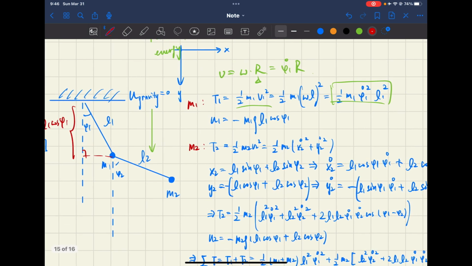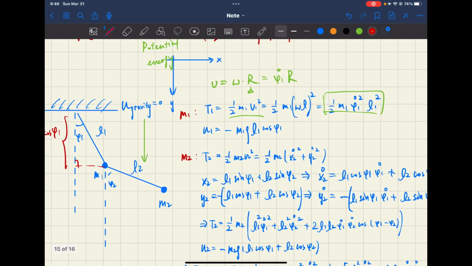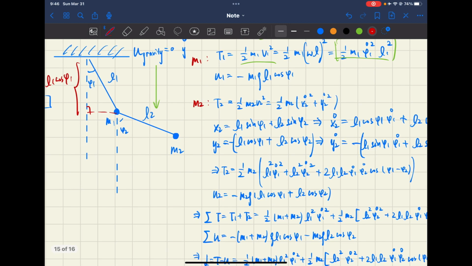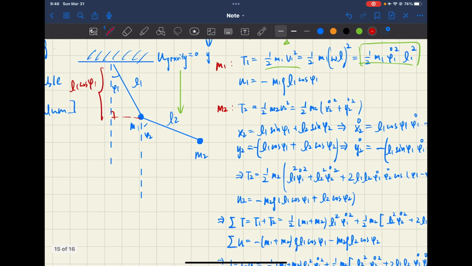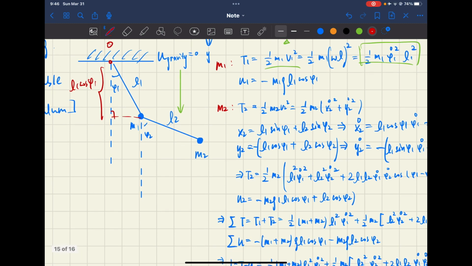And because we already know the kinetic energy and the potential energy of this ball, we can also work out the Lagrange's function. Then for the second mass, M2, in this case we must put it in the coordinates, because I think you guys have already noticed the pivot is also the origin of our coordinates, because it's convenient.